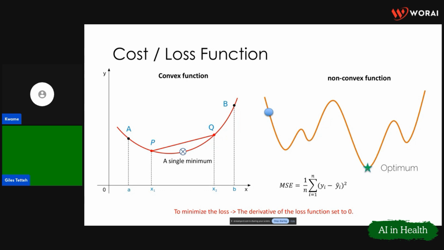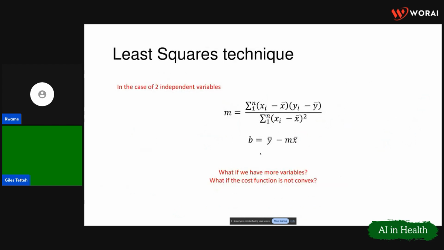And then the aim is to get to this point. However, we can easily end up in any of these points here if we want to estimate. And to solve that issue, we use the mean square technique in statistics.